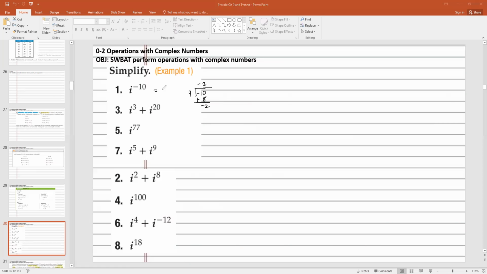So this is the same as i to the negative second. And i to the negative second is -1. So find the remainder, and then that's what it's going to be. We don't need to put the i to the 4 times -2 power because that's always going to be 1. So we just need to put the remainder.